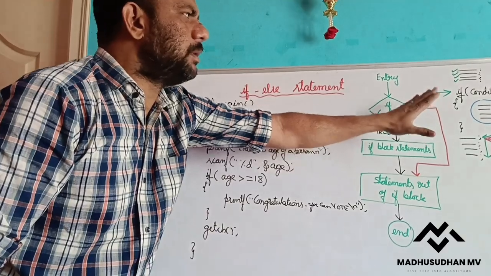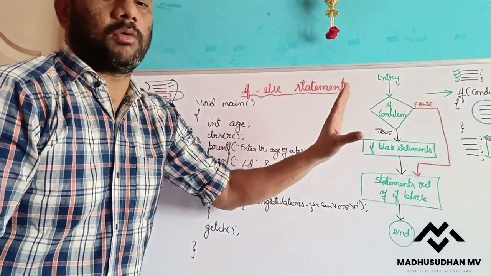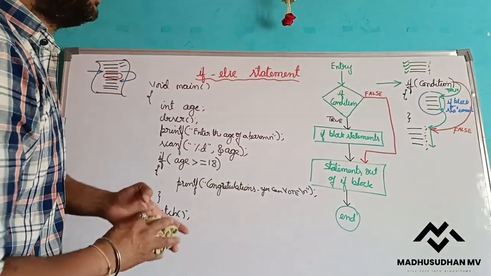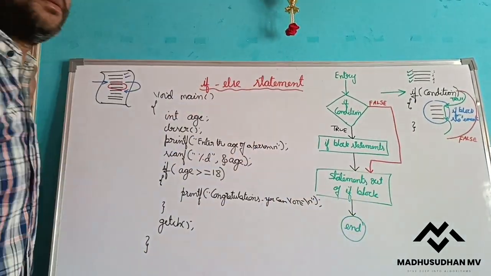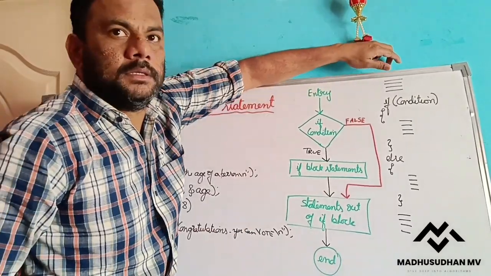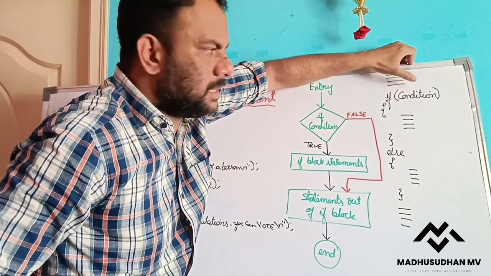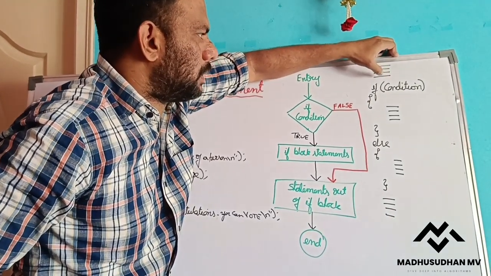Everything is the same. Now I need to add an else block. So here I will change. This is the condition I am checking. This is, as usual, the statement before the if statement.